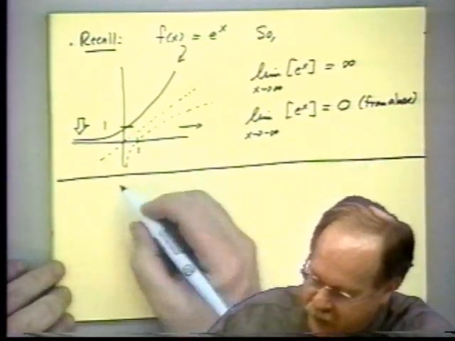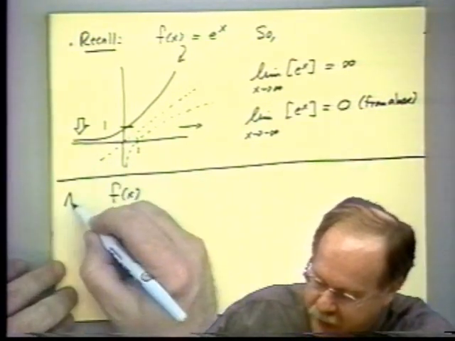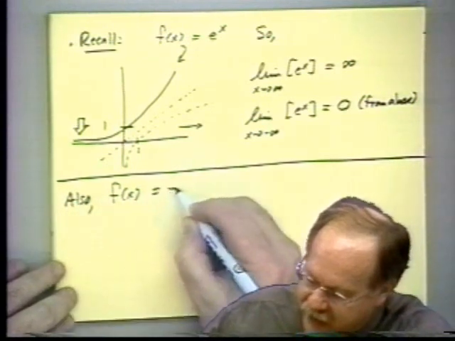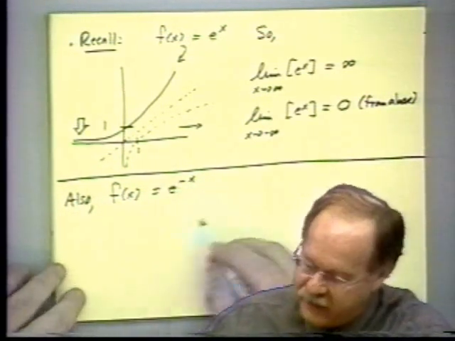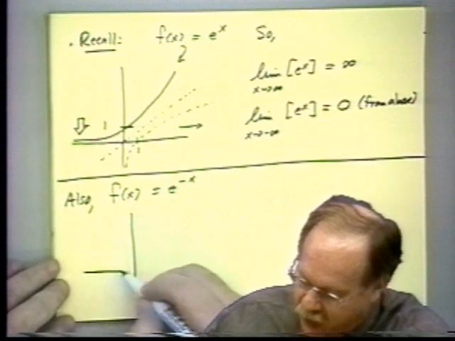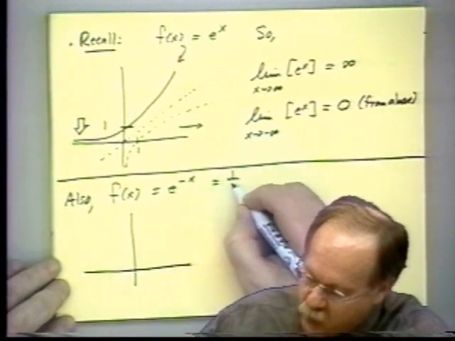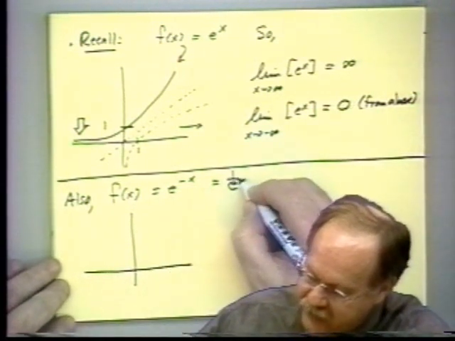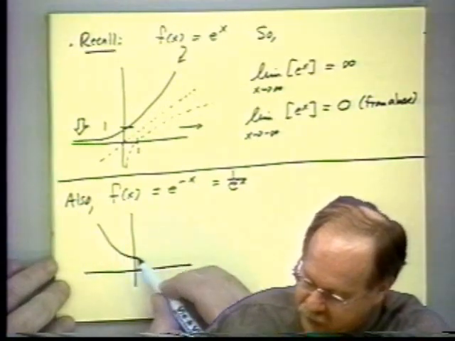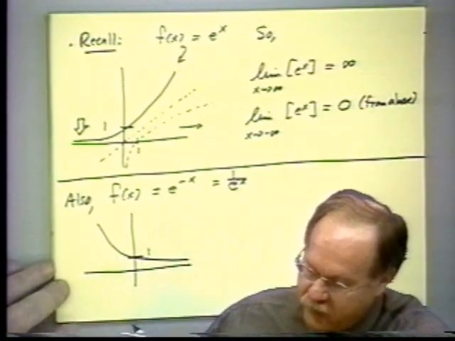Also, just for the record, if we want to go ahead and look at the exponential with e to the minus x, then as you may recall, e to the minus x of course is 1 over e to the x, and that gives you a picture that looks like this, passing through 1 in the origin.